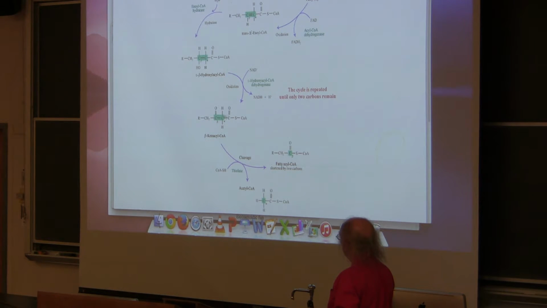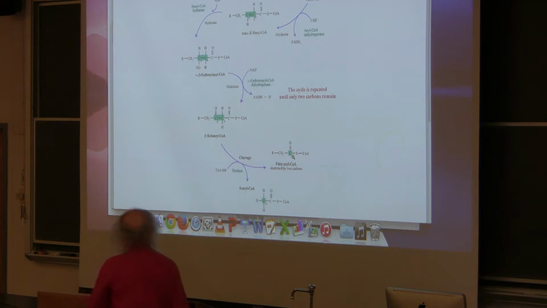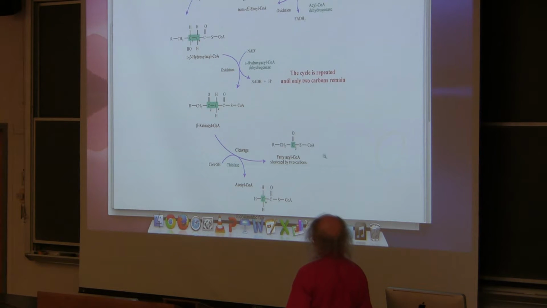Here's our starting molecule. Here's the break-off of the 2-carbon piece. All right? That makes acetyl-CoA. And here's the fatty acid that's been shortened by 2 carbons. Now this fatty acid right here will go back up and start the process all over again.